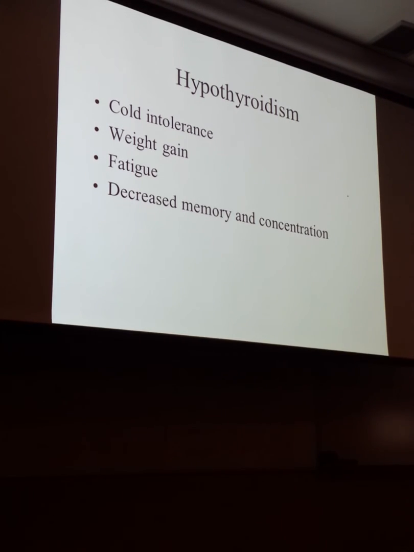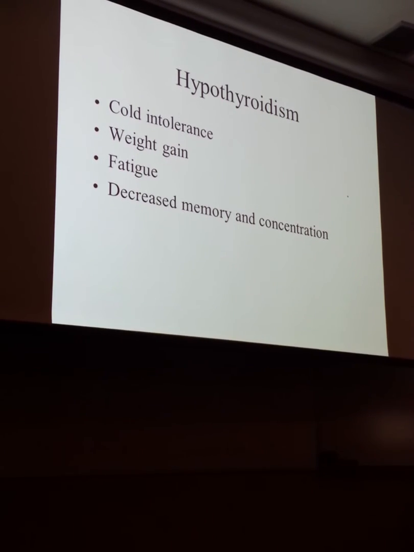Okay, and so people get hypothyroidism if they do not get enough iodine in their diet. Okay, so worldwide, the most common cause of hypothyroidism is insufficient iodine in the diet.